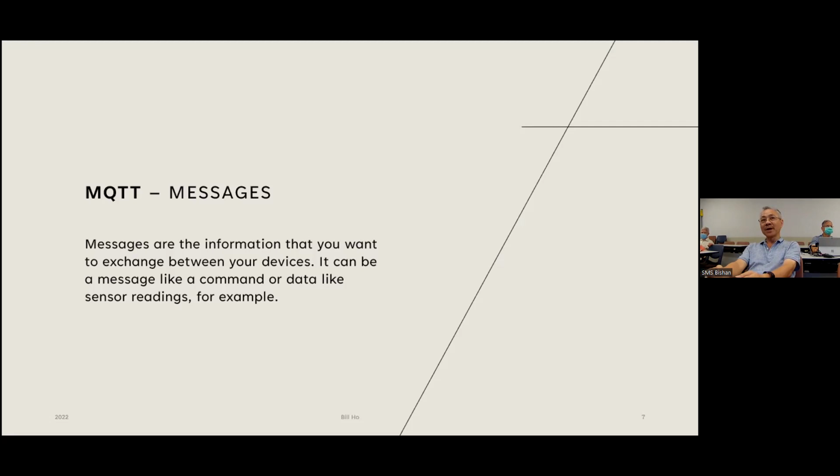So the device always publishes the temperature, and the controller will subscribe to the topic of this temperature and is able to receive temperature updates from the devices. But of course, it's not real time.